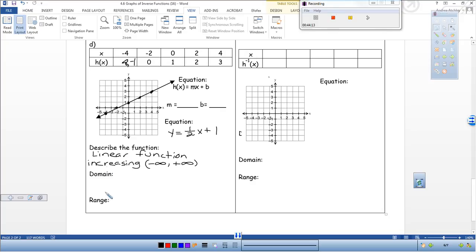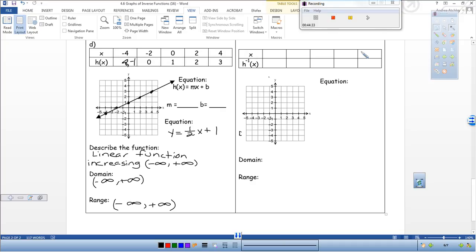Okay, the domain is -infinity to positive infinity, because it's forever going left and right. It's forever going up and down, so the range is -infinity to positive infinity as well. Okay, you can find the equation of this two different ways.